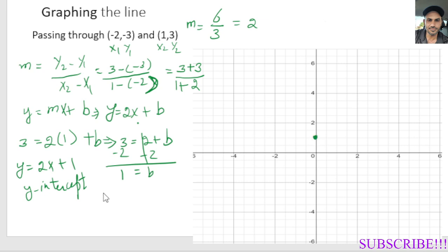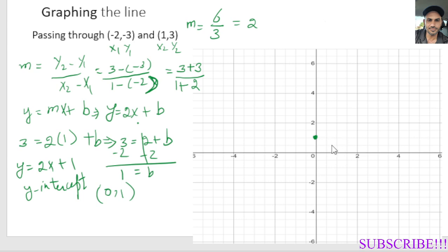The x value is 0 because it's crossing the y-axis. All the points along the y-axis have an x value of 0, no matter where you put it on the y-axis. So we say this is (0, 1). That's our y-intercept right here.